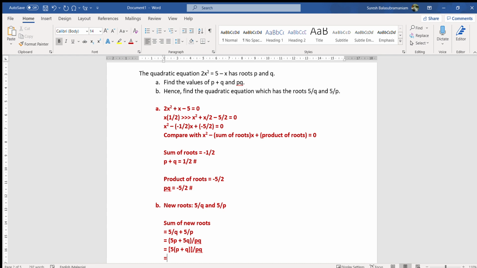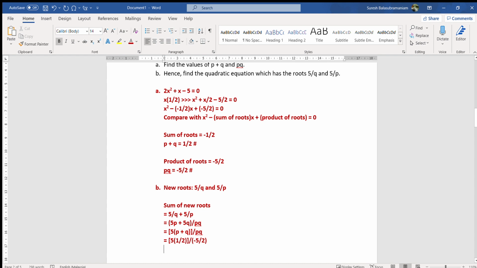Now I'll do the substitution. So 5 open bracket p plus q, we know p plus q is 1 over 2, so 1 over 2, over pq we know it's negative 5 over 2, so it's negative 5 over 2.